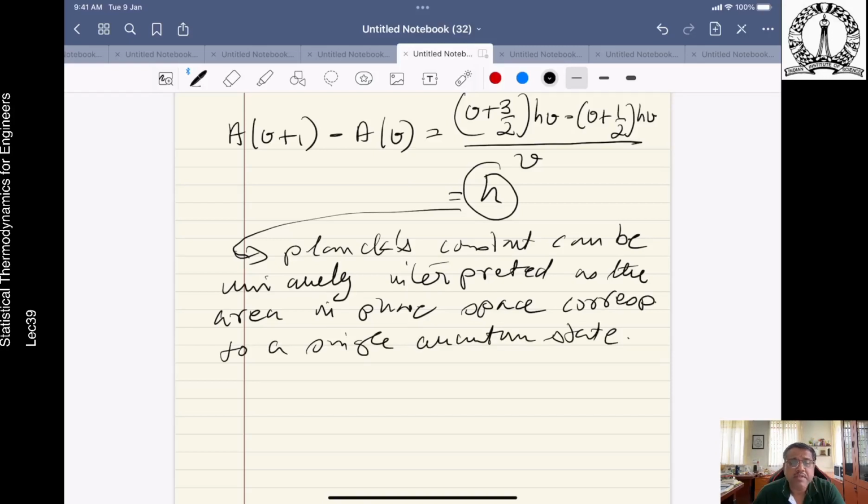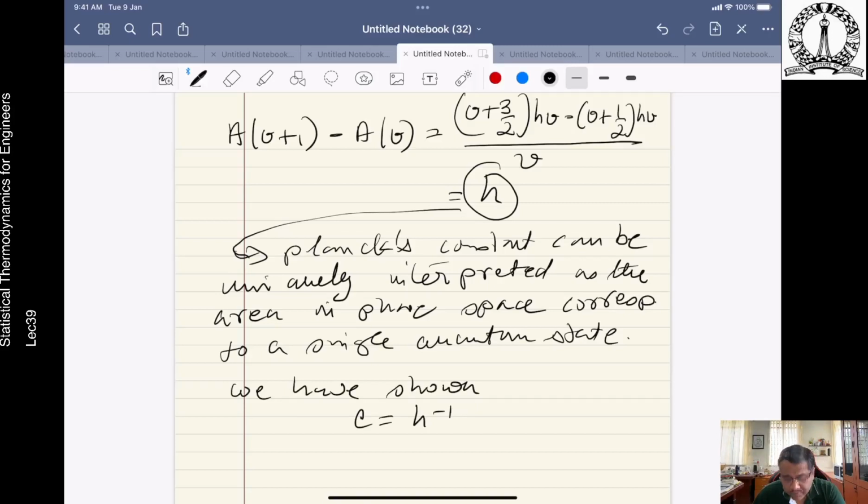So by utilizing the phase space representation, as portrayed by the figure, we have shown that C is therefore equal to h inverse.